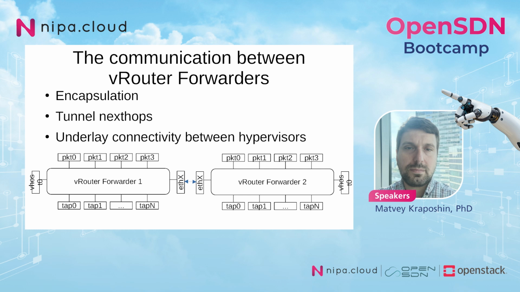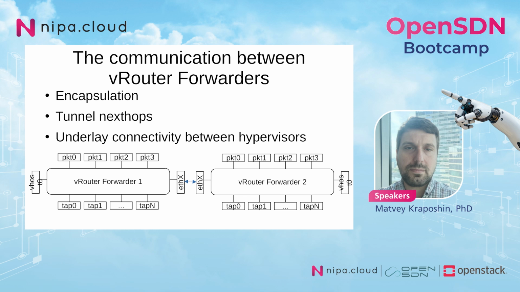You can imagine two vRouter forwarders from two hypervisors connected like units in a train. Yes, so each time when we want to reach a virtual machine from a different hypervisor, we encapsulate a packet with an outer header, and then we send it to the Ethernet X interface.